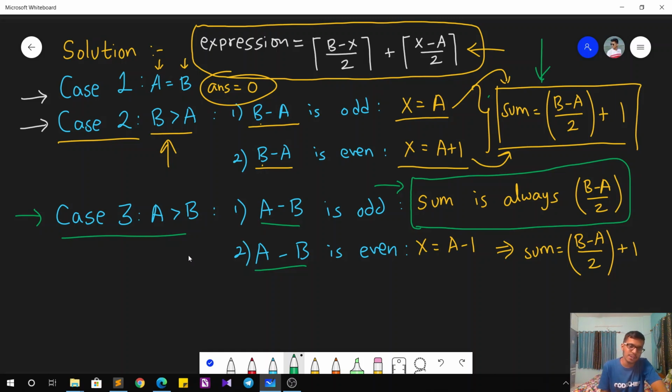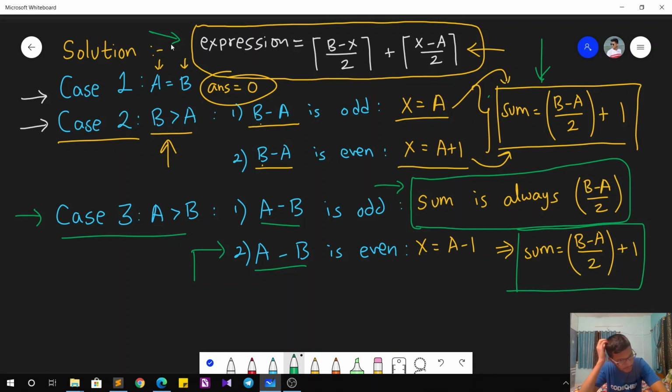For the other case, that is when a minus b is even, the maximum sum that you can get is actually (b minus a) by 2 plus 1. This comes from the given initial expression, but is this sum actually attainable?